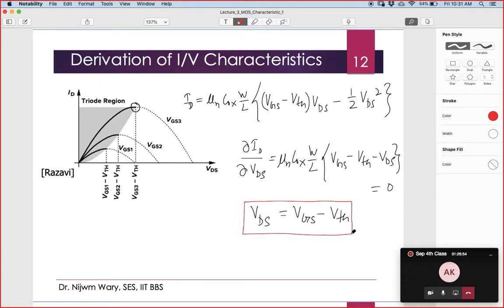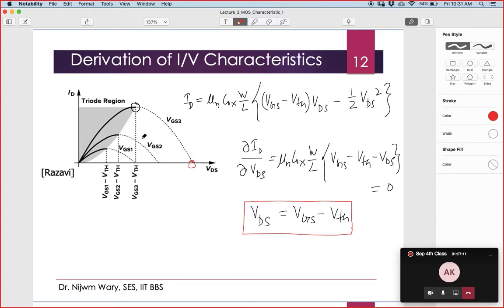Now if you observe here, if I keep increasing the VDS, in this parabola it goes and comes down to 0. So it seems that the current will come down to 0 after some time, right?